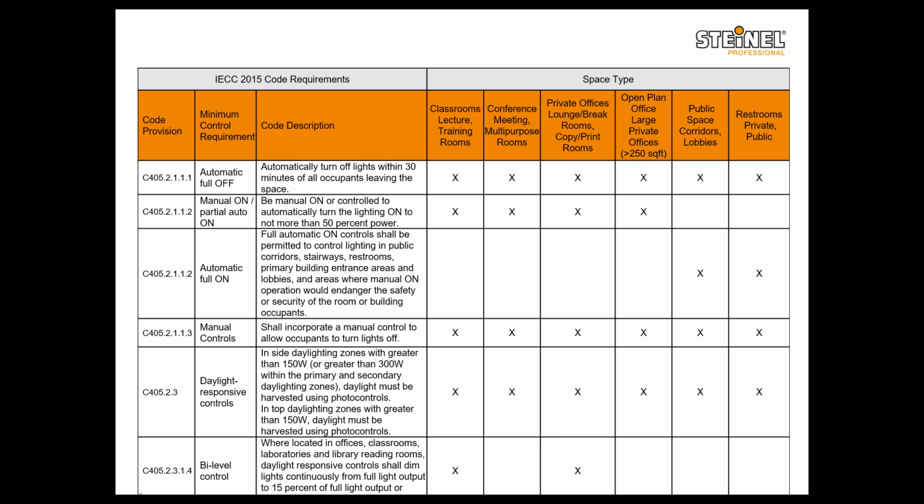The code doesn't really have any preference. It's just a logical or. So it's up to the application, to the user, or each region's specific requirements whether you go with manual on or partial on.